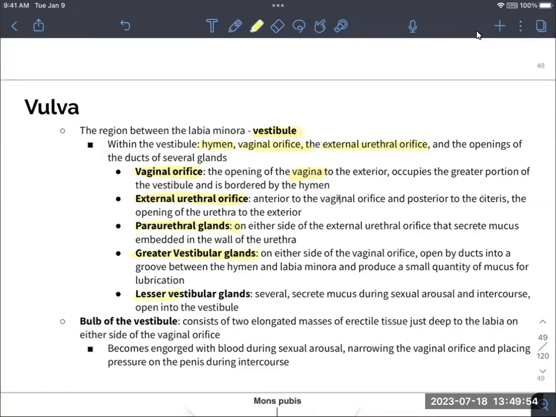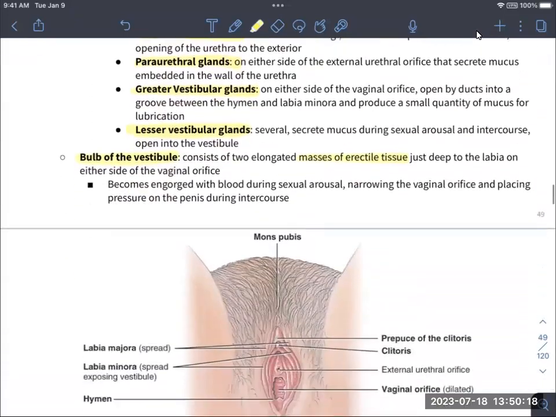And then we have the lesser vestibular glands, and they also secrete mucus. We have the bulb of the vestibule. Again, more erectile tissue that's in that labia, and this is going to become engorged with blood during sexual arousal.